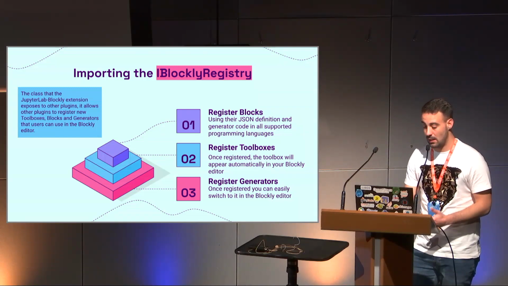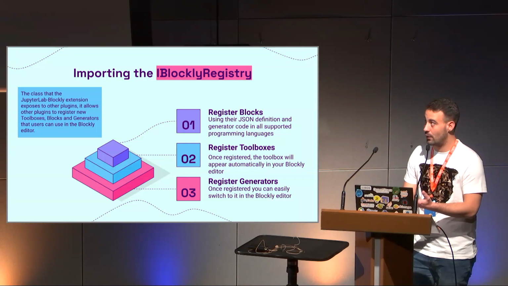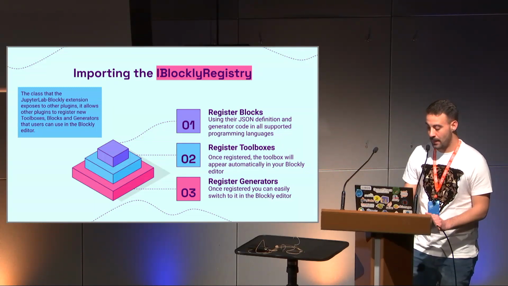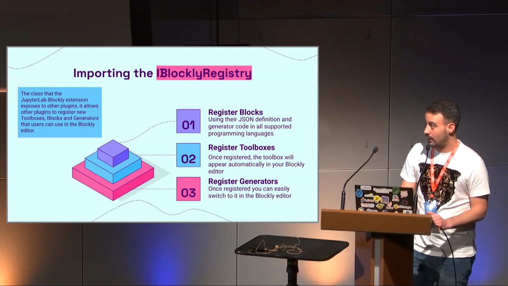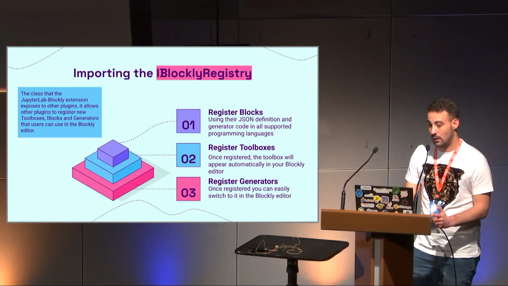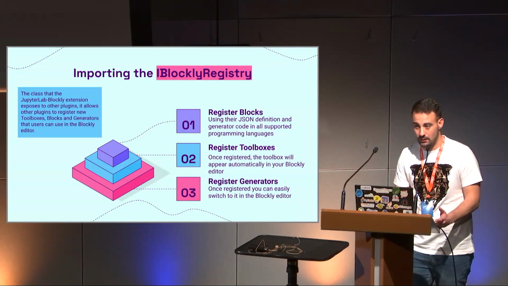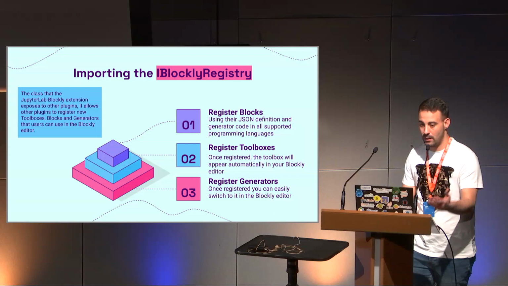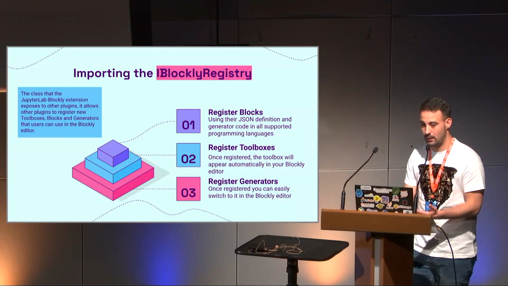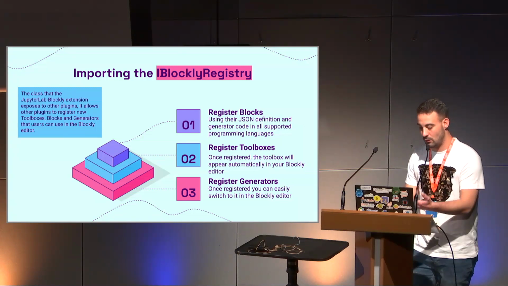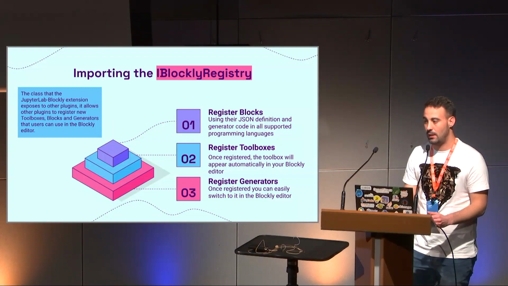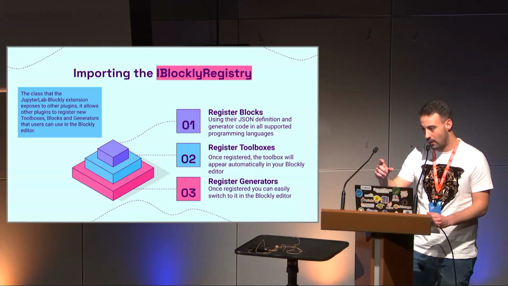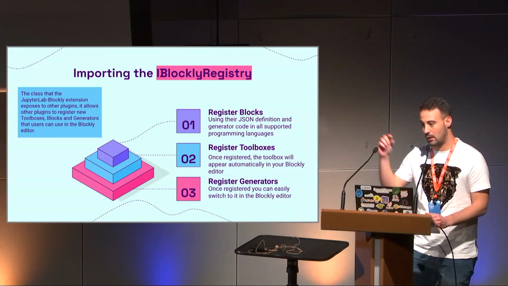And at the same time, it is the way used for registering the blocks into Blockly. And finally, we have generators. Of course, you can define blocks, but at the same time that you define the block, you need to specify how that transpiles into code. So you need to register using JavaScript a generator, a small function to generate the code for a specific block.